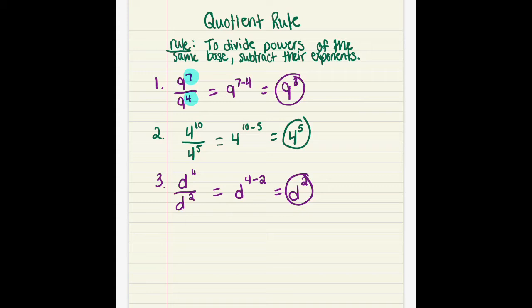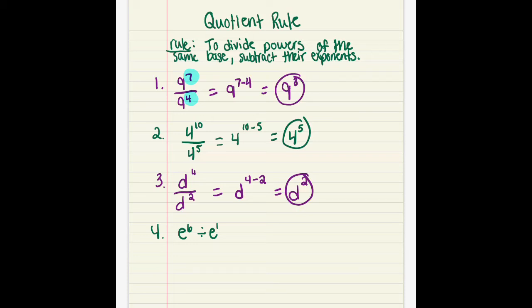Our last example that we are going to do with just one base is e to the 6th divided by e to the 1st. Just like with product rule, there are many different ways that you can express and show division.